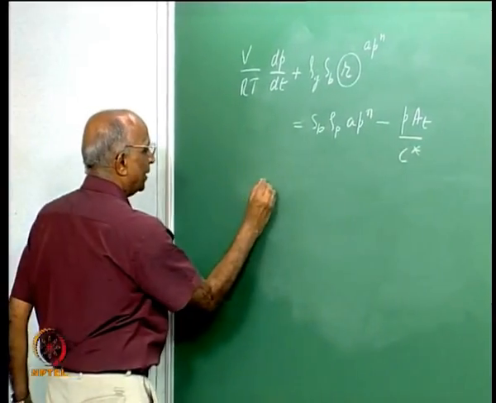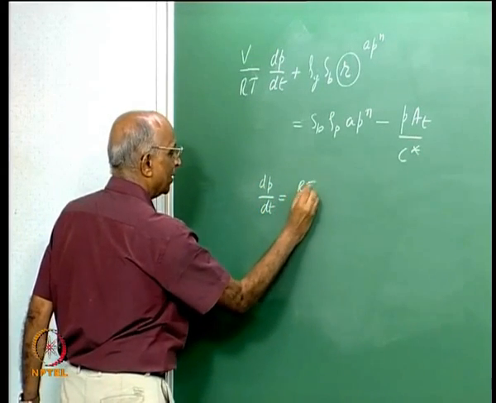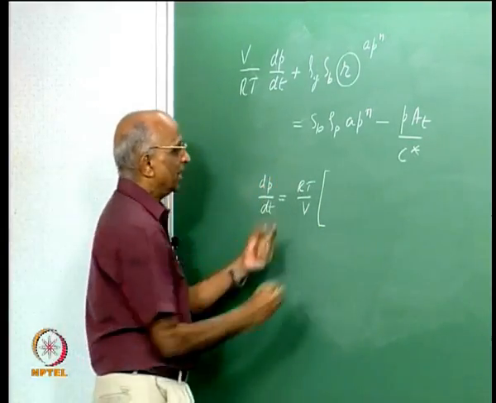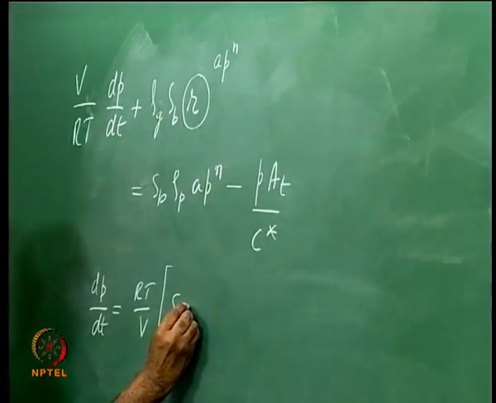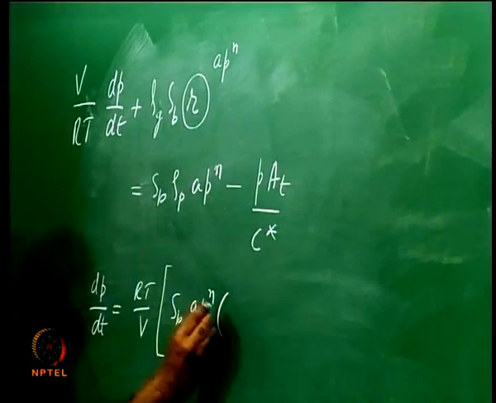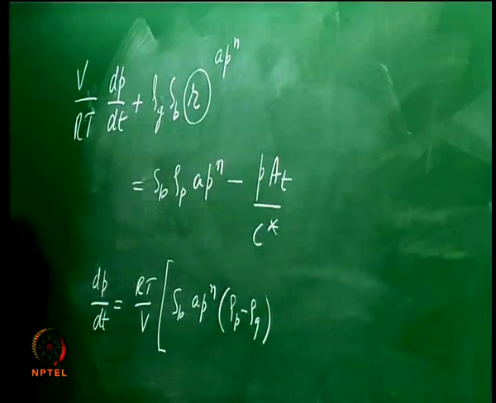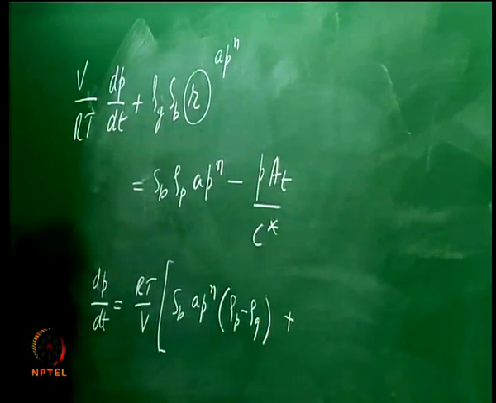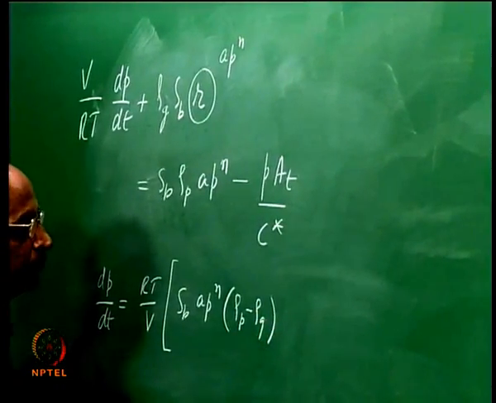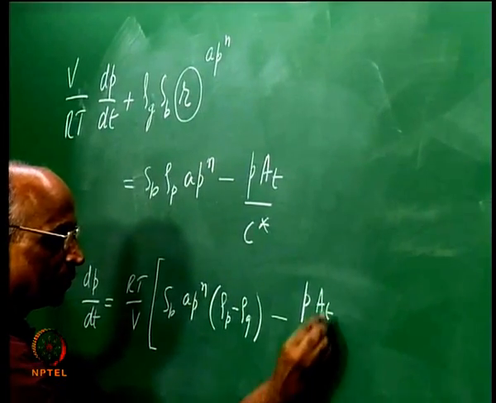Now I get dP by dt is equal to RT by V into S_B into a P to the power n into rho_p minus rho_g, minus P A_T by C star.